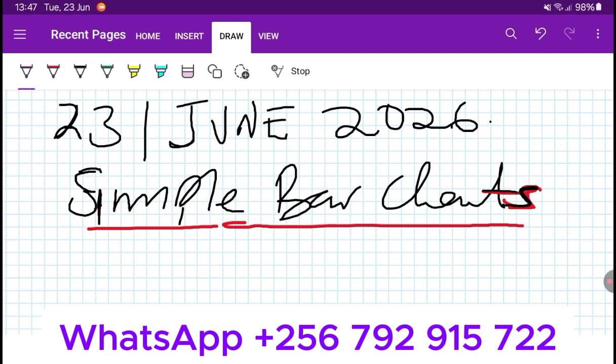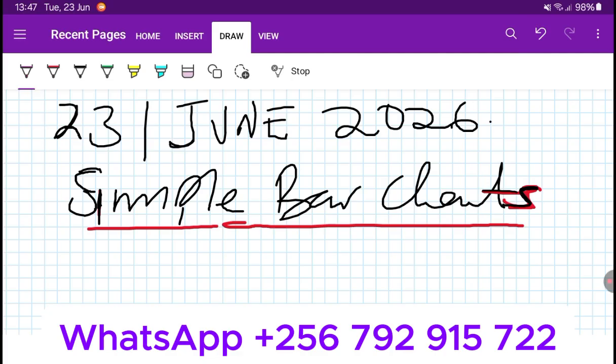You can also identify the figures that each bar represents at the base of each bar, or you can use a key to show that this color represents this item. If you're using a computer to draw some of these, you can use different colors to represent different items that are being represented by different bars.